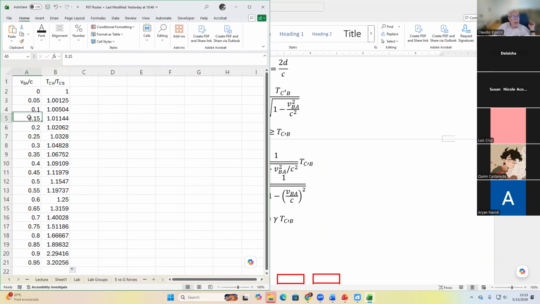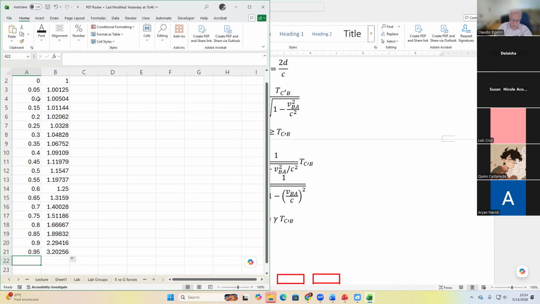However, as the speed keeps on increasing, the time dilation becomes more and more perceptible. Here is 5% the speed of light, here is 10%, 15%, and so on. Here is 95% the speed of light, and we can go to 0.99, 0.999, and so on.